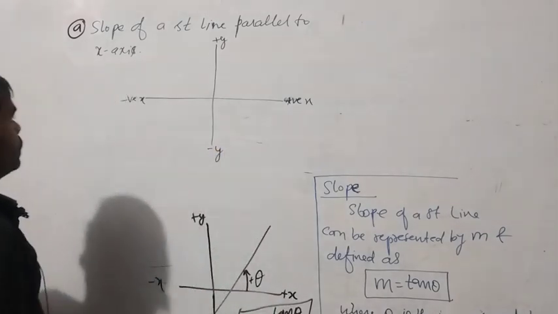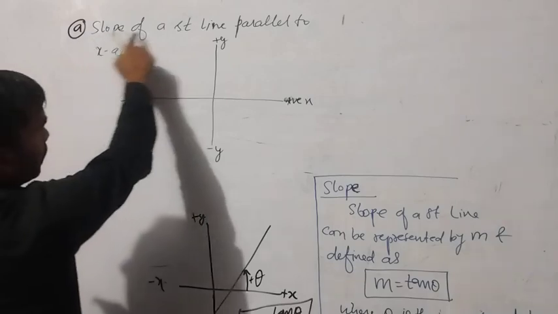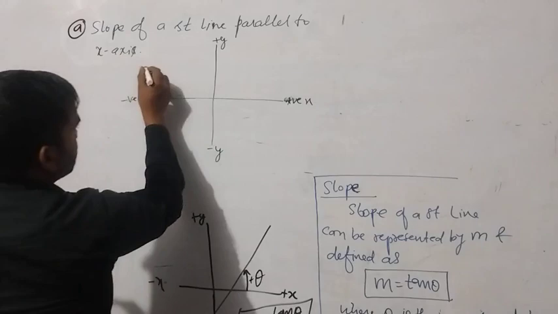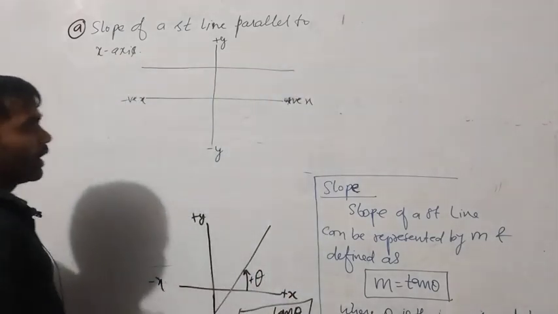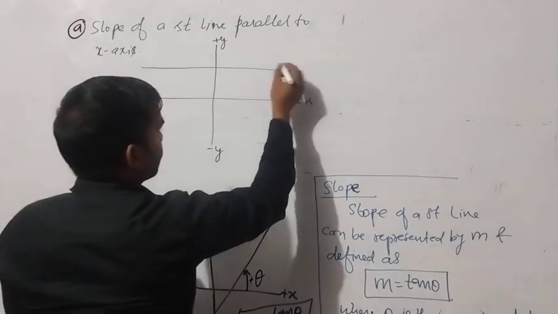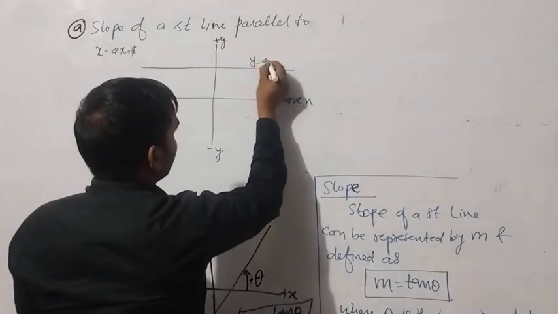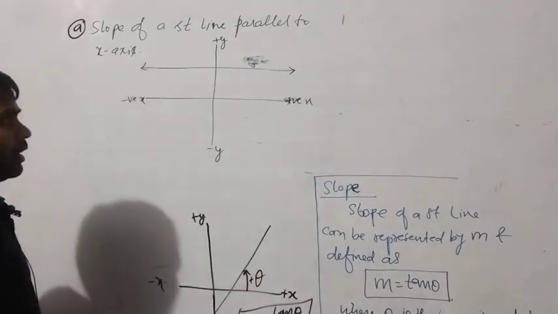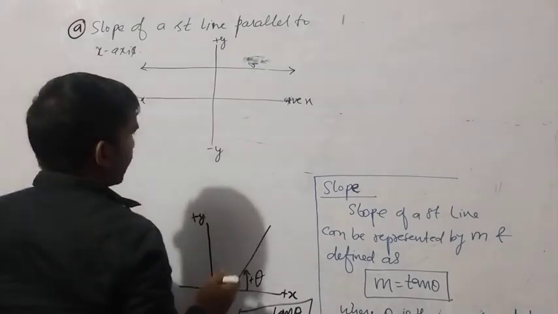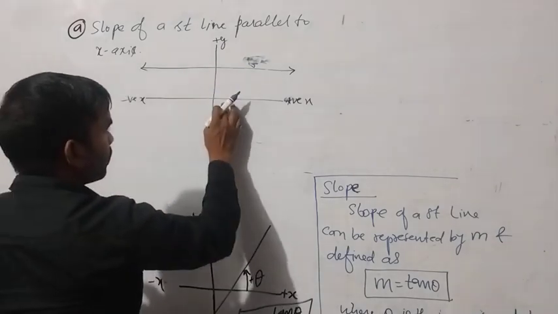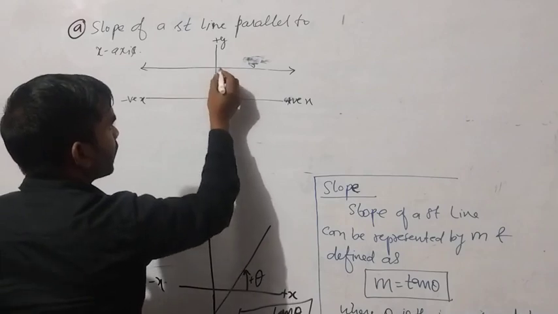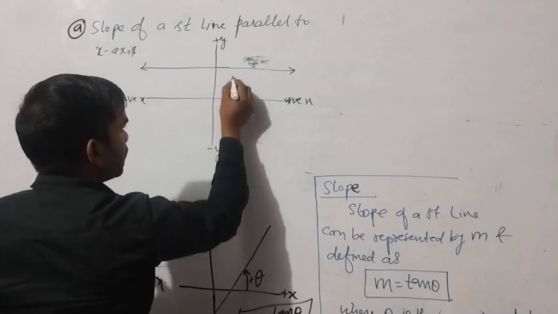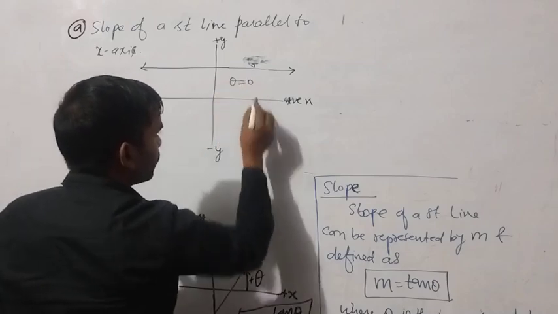If we draw a line parallel to the x axis, the line will be like that. The angle made by this line from the positive x direction will be 0.